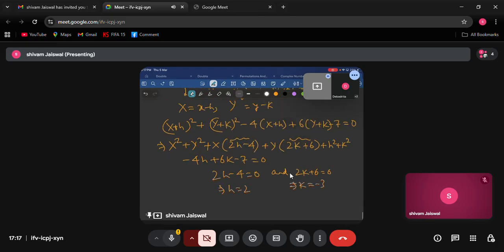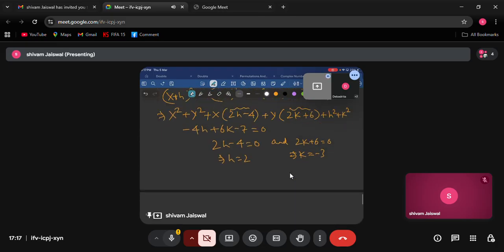Next, question number 7. Let A and B have coordinates x1 comma y1 and x2 comma y2 respectively.